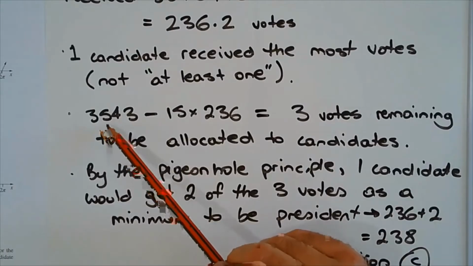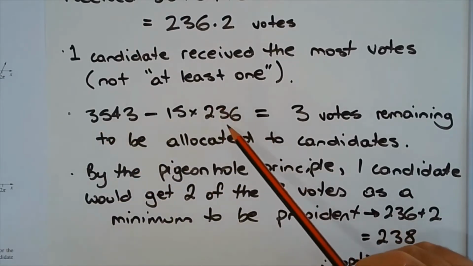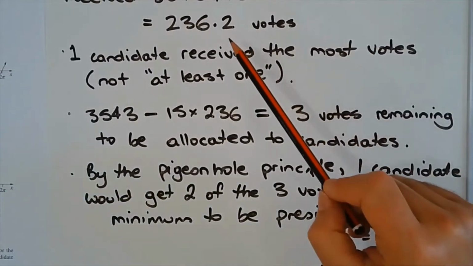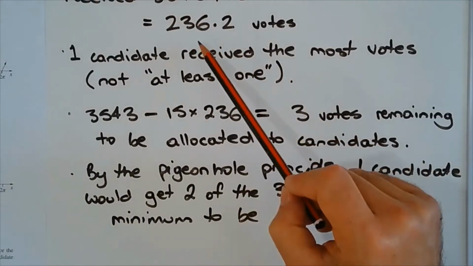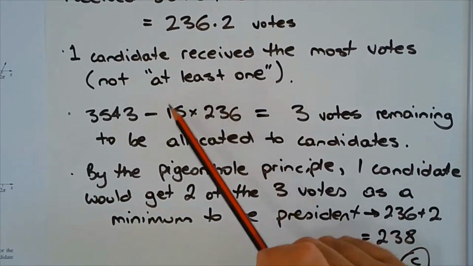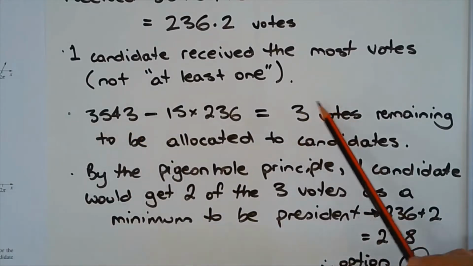Now, 3,543 minus 15 multiplied by 236 votes means that there were 3 votes remaining that need to be allocated to some candidates. So if we just assume that each candidate received 236 votes, not 236.2, but just 236 as an integer, multiply that by 15, and subtract that from 3,543, there are 3 votes floating around that need to be allocated somewhere.